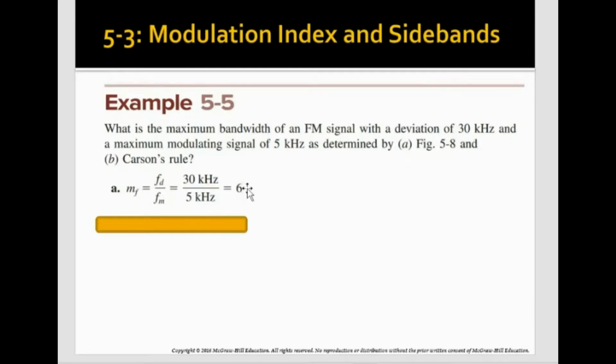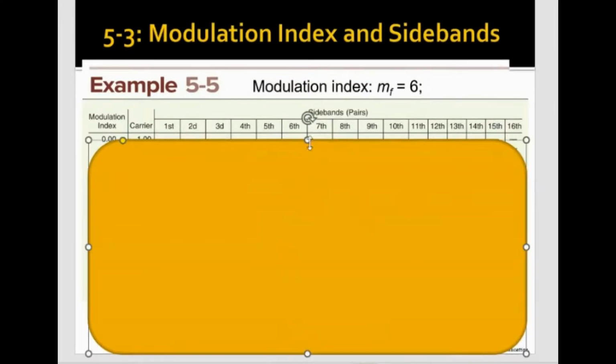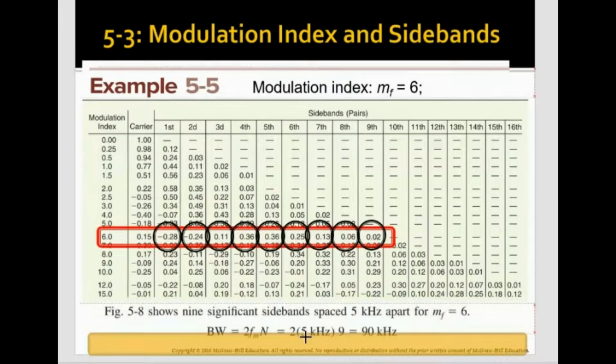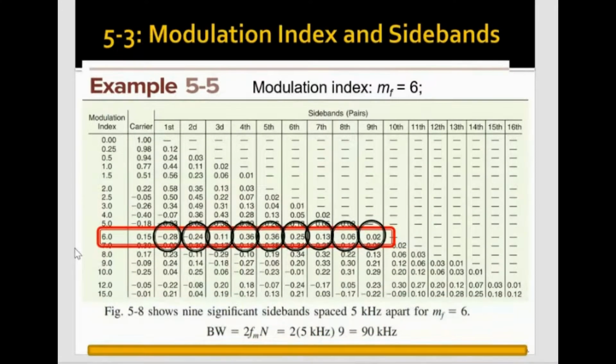Then we take this value and go to our Bessel function table. In the first column, we search for a modulation index of 6.